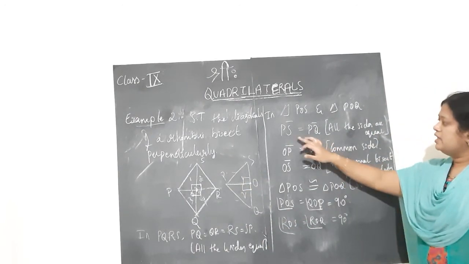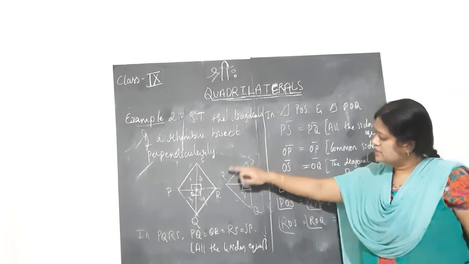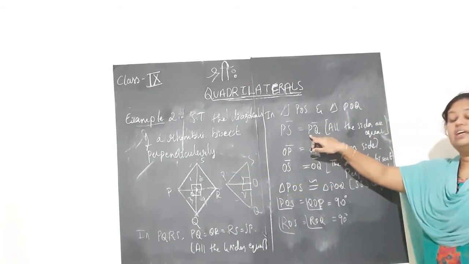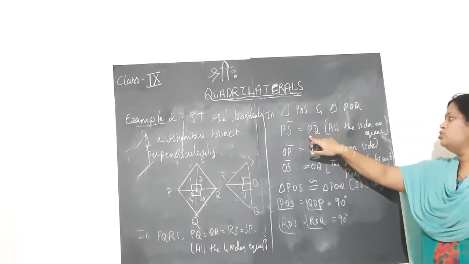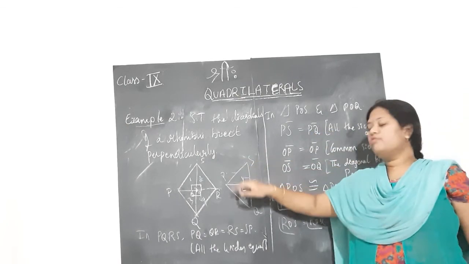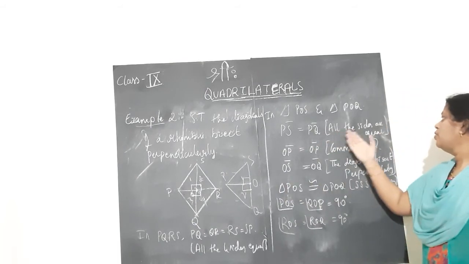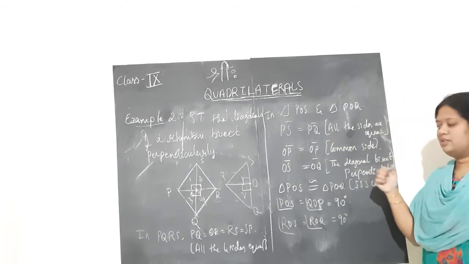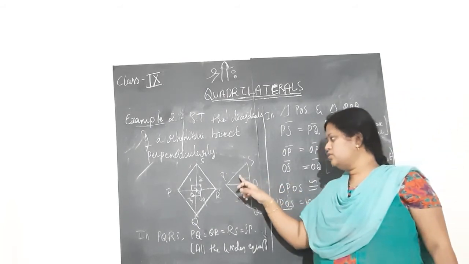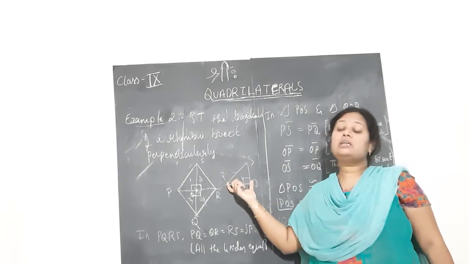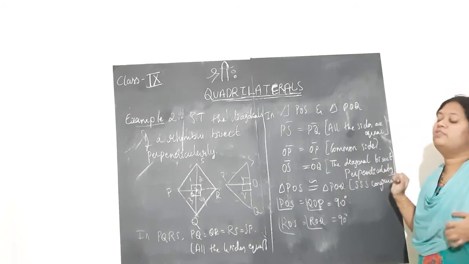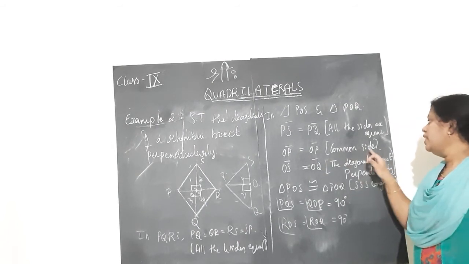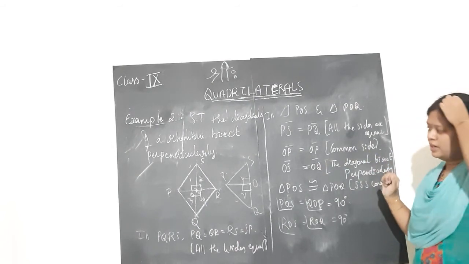How? I took side PS equal to PQ first, and I said those 2 sides are equal because they are sides of the rhombus, and we know from the property that all the sides of the rhombus are equal. Among these 2 triangles, children, side OP is a common side for both the triangles. So OP equals OP is the second side which I am proving as equal. The reason I have written is the common side.